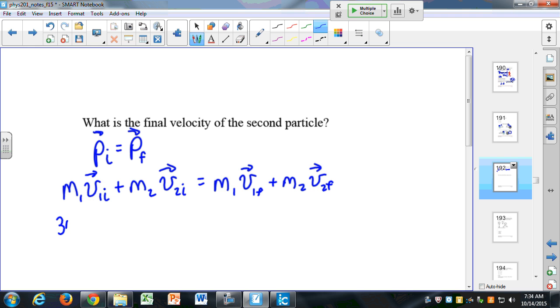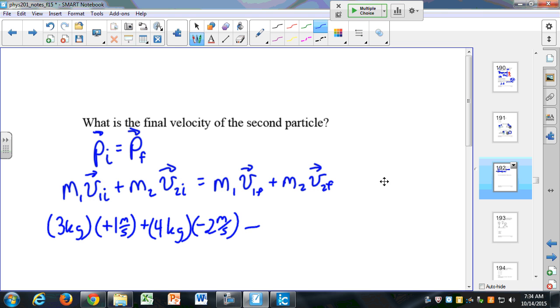So I have 3 kilograms times +1 meter per second, because it was in the positive x direction, plus, what was it, 4 kilograms times -2 meters per second, equals 3 kilograms times -5, plus 4 kilograms times v2f.